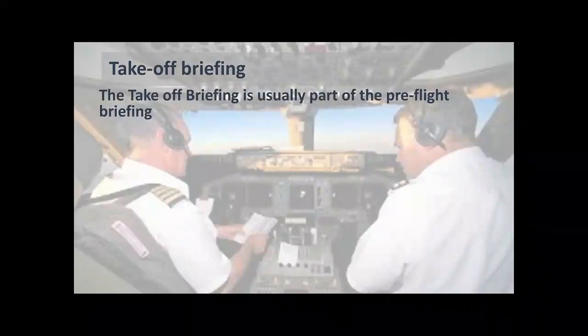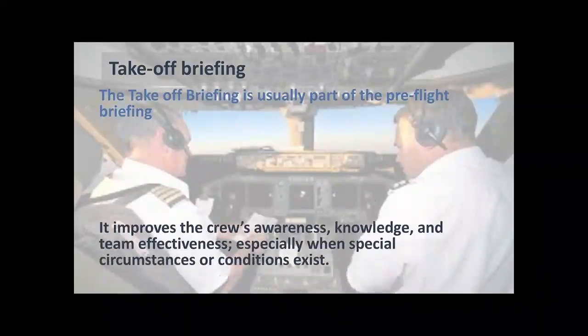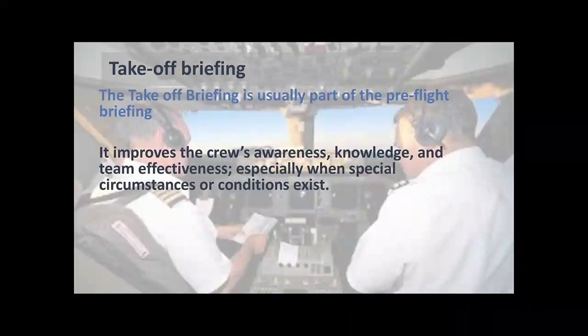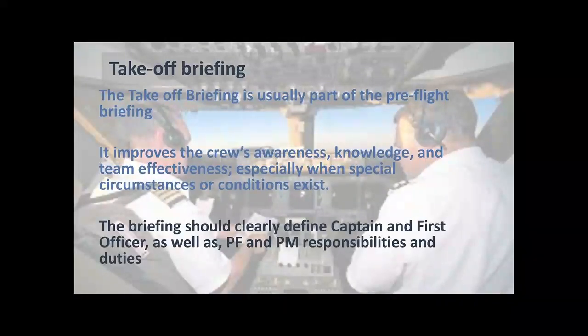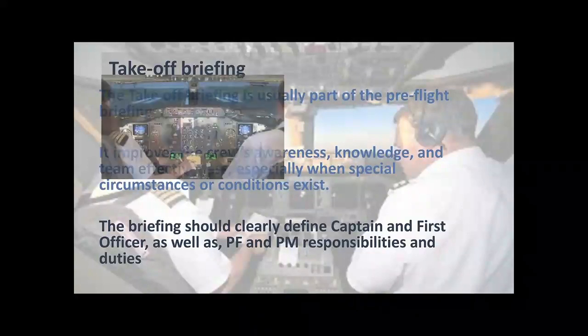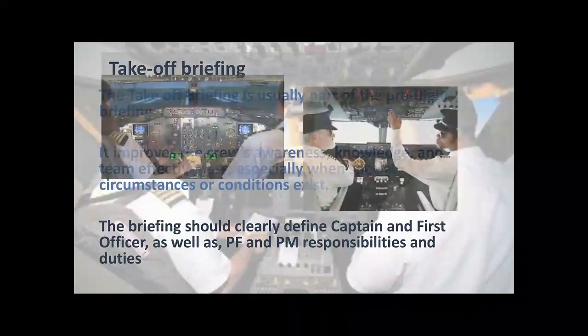Takeoff briefing is usually part of the pre-flight briefing. It improves the crew's awareness, knowledge, and team effectiveness, especially when special circumstances or conditions exist. And it should clearly define the duties and responsibilities of captain and first officer, as well as the pilot flying and the pilot monitoring.